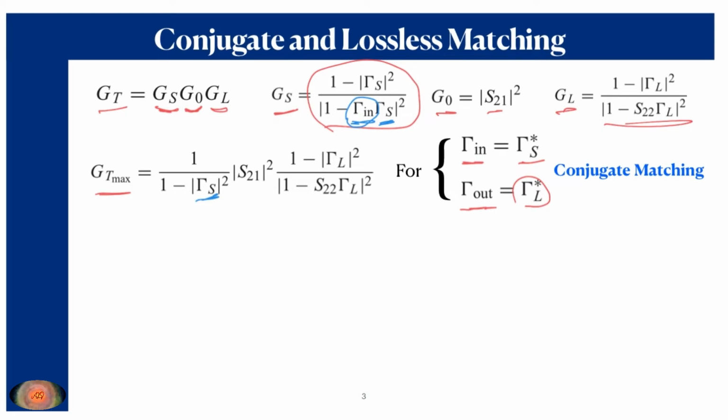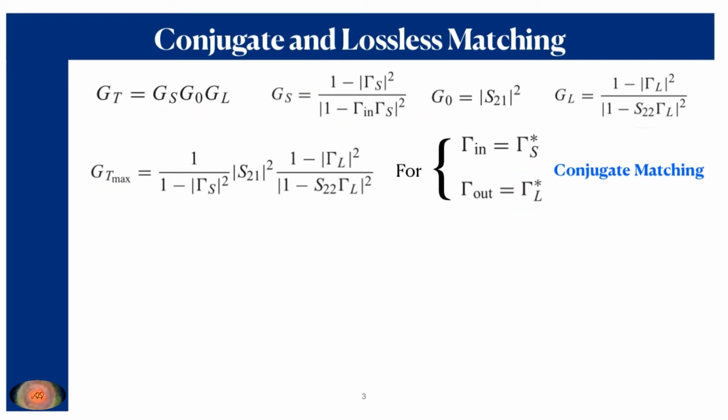Earlier in the derivation of GT max, I used an expression where I had already applied the condition that gamma out is equal to the conjugate of the reflection coefficient of the load matching network, and by replacing this condition I obtained this expression. You can see my previous lecture for how this derivation is done.